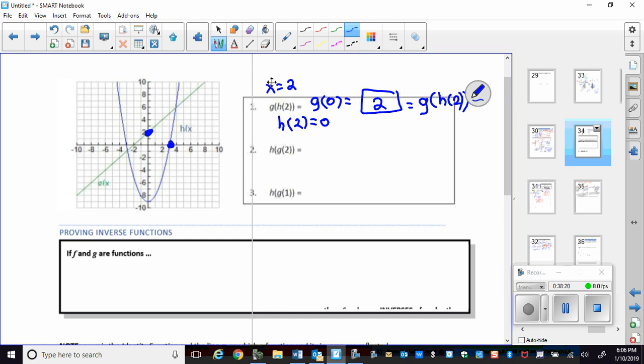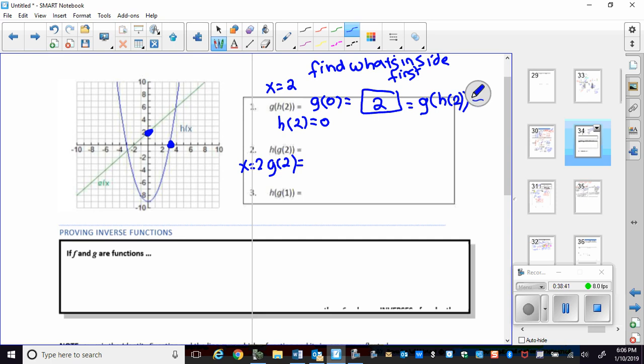So my goal here: find what's inside first. Okay, so that means I'm going to find g of 2 first, right? And we know that x equals 2, because that's the number inside.